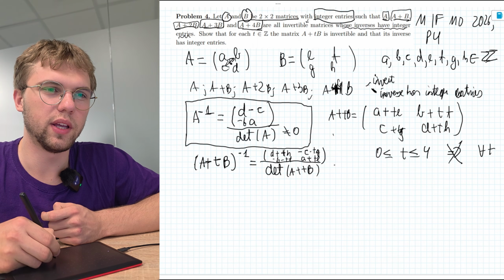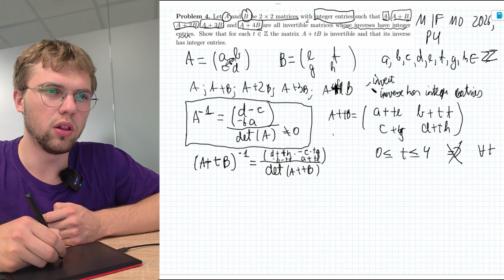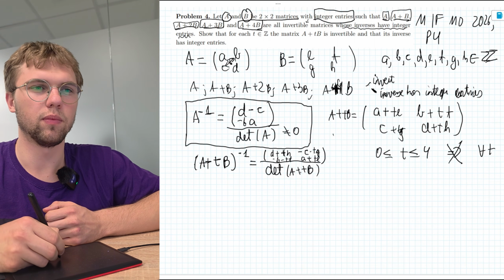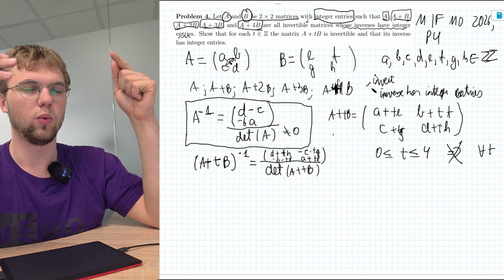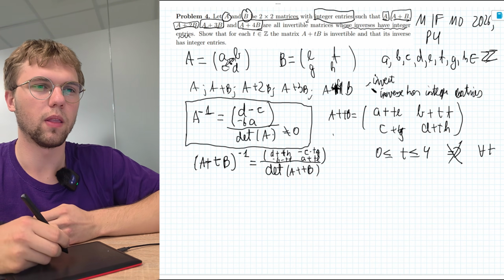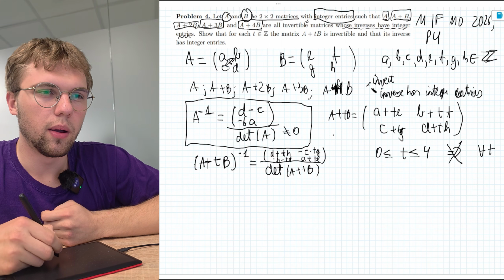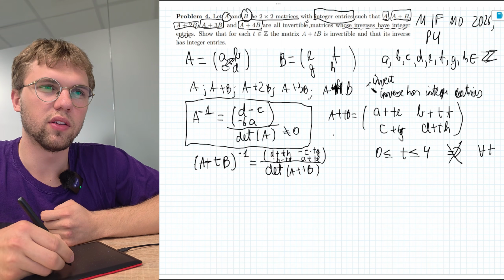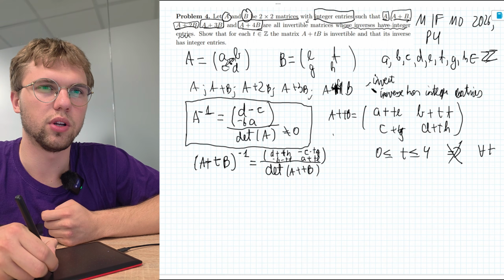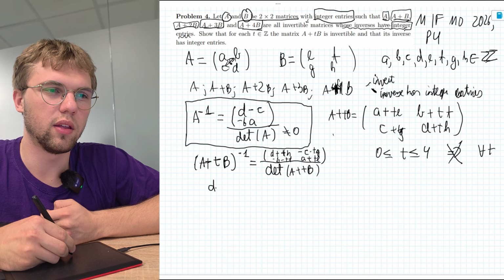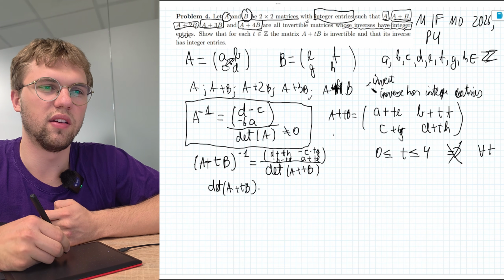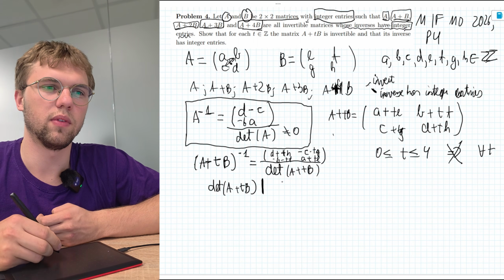Basically, what we can find is that all of these, we get a matrix, right? When we divide by this determinant, we also get a matrix. But we know that this matrix has integer entries. So we know that the determinant of A plus tB divides all of these entries.